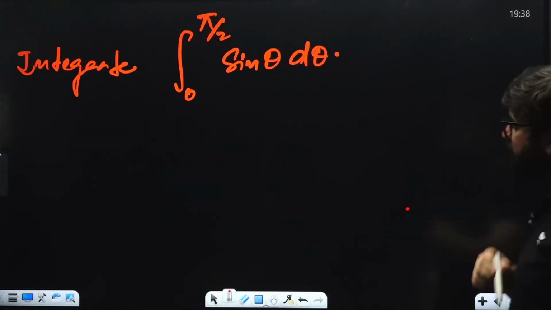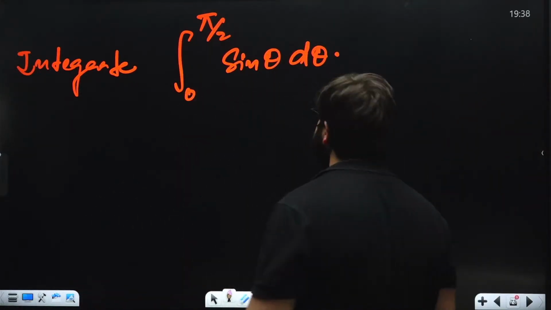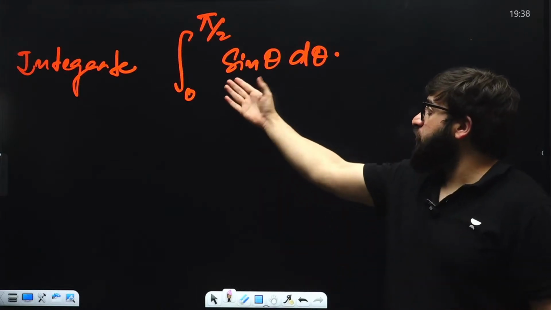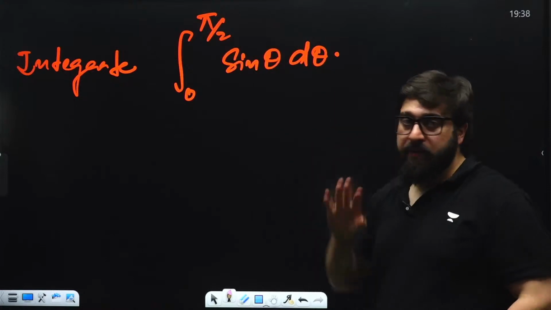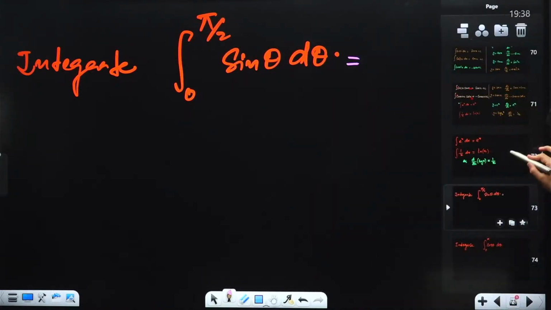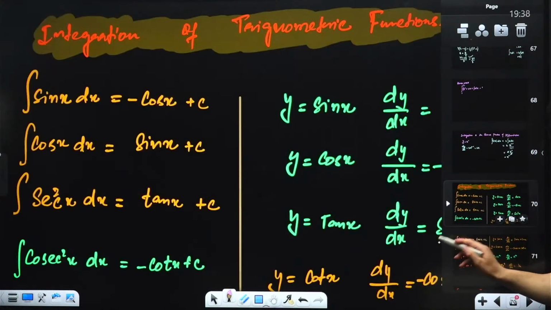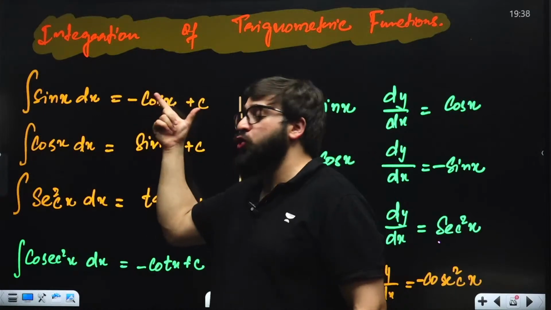Okay, let's find the value of this one. Integration of sine theta d theta from 0 to pi by 2. Okay, see. If I ask you what is the integration of sine theta? Integration of sine x is, we say, minus cos x.